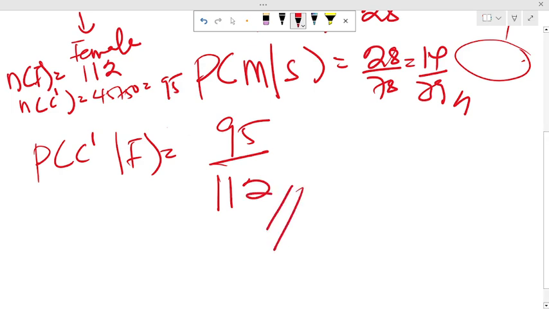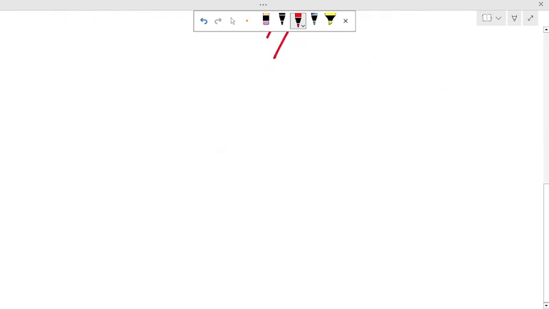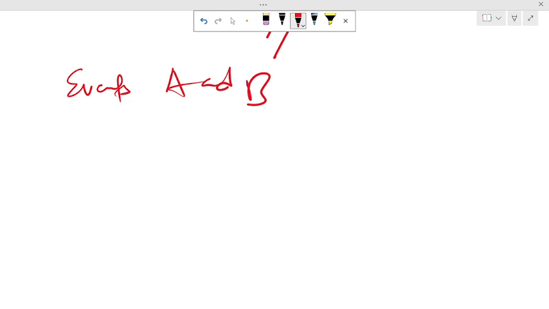So this is how to solve conditional probability questions when they are in this format, right? Also, let's say we have two events, A and B, and we are asked to find the probability of A given that B has already occurred.